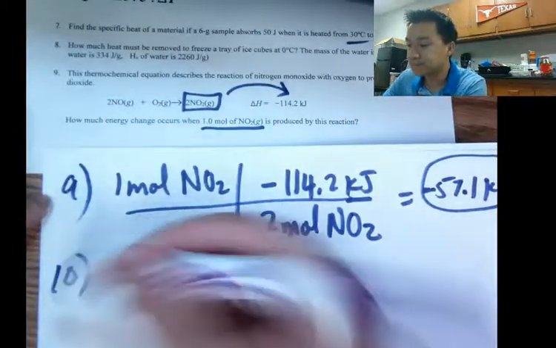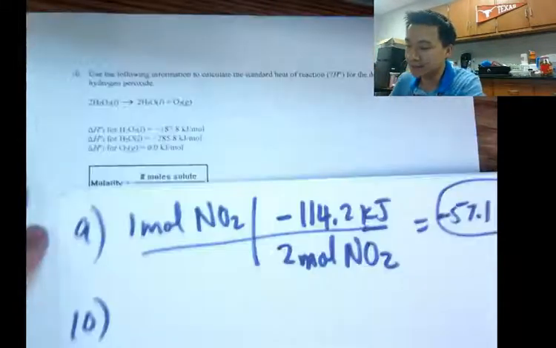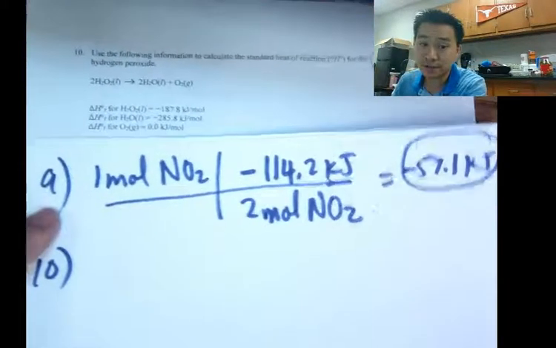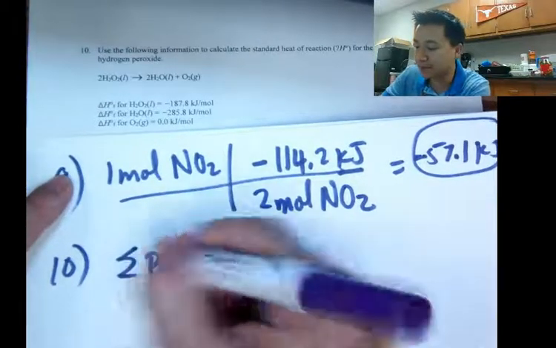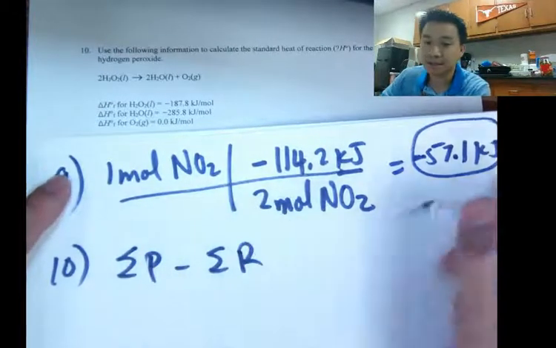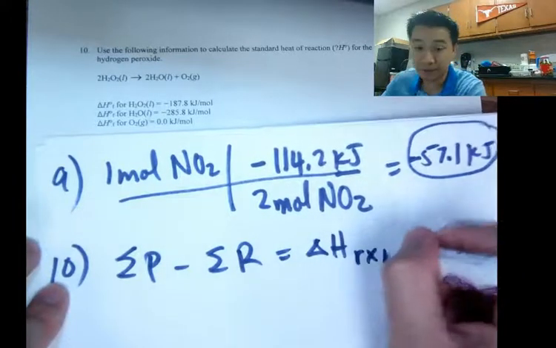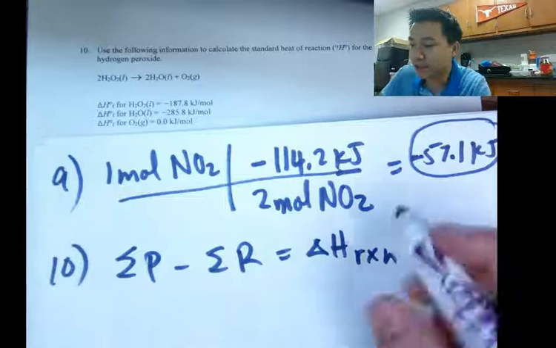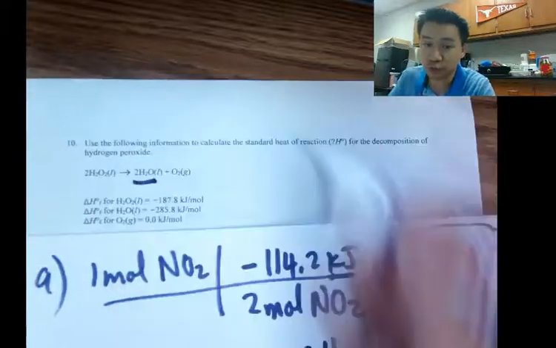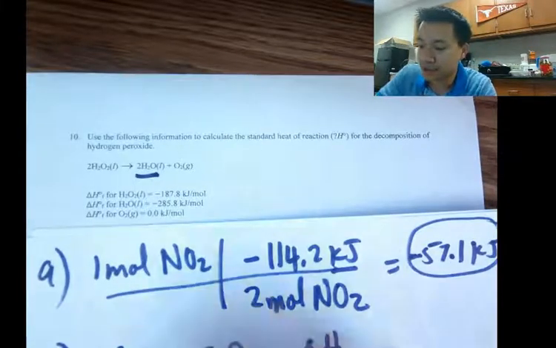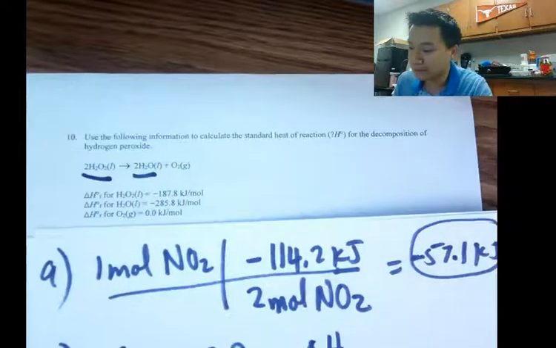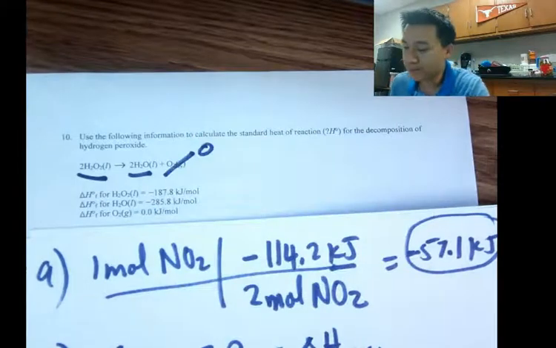Number 10. Now this one, if you remember, it was the sum of the products minus the sum of the reactants of the delta H of enthalpy. Okay? So get the products, 2H2O and O2. Oxygen is 0, so that's 0.